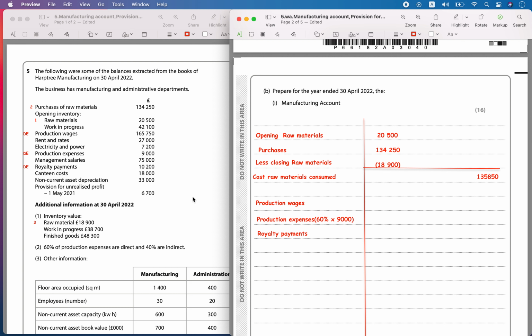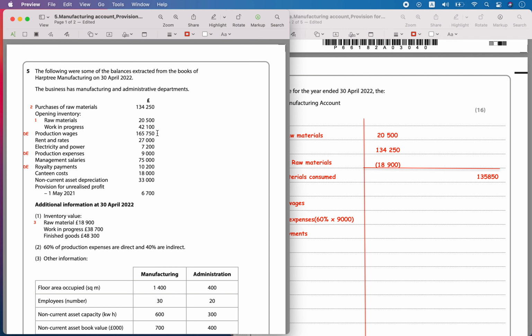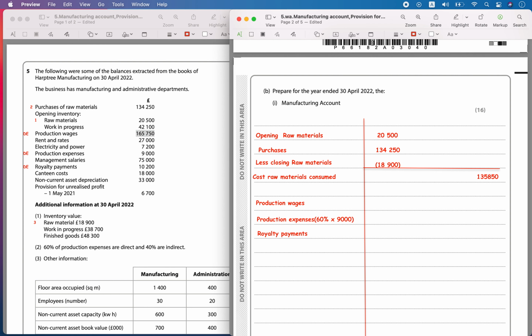Now production wages are going to be equal to 165,750. Let's write that. And 60% of 9,000 is 5,400, so that will be the production expenses.